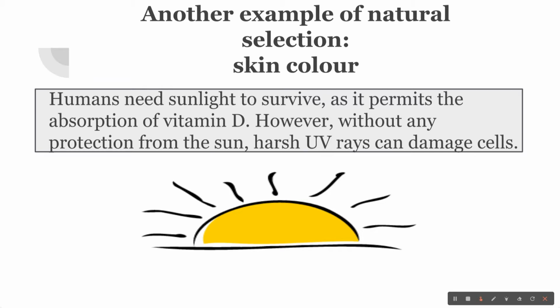I'm very white. I get burnt in an hour in the sun, even with sunscreen on. The UV rays are damaging my cells. They're physically burning the cells underneath my skin. But there's the absorption of vitamin D.